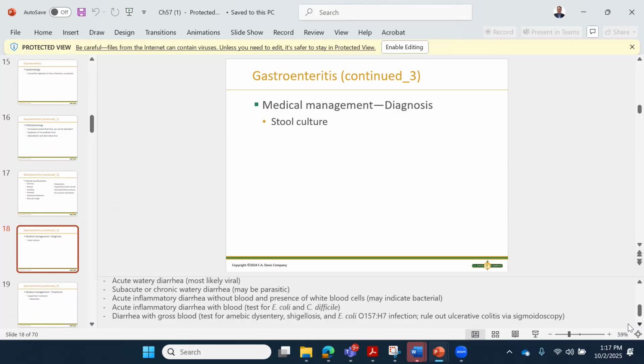Also, the testing for E. coli and C. diff may be necessary as well, again, based on the patient's history, because C. diff exists whenever there's an atmosphere for C. diff to thrive. So, for example, when patients have low levels of acidity in their stomach, that is an environment that C. diff can thrive.